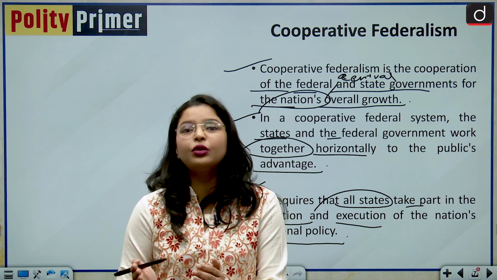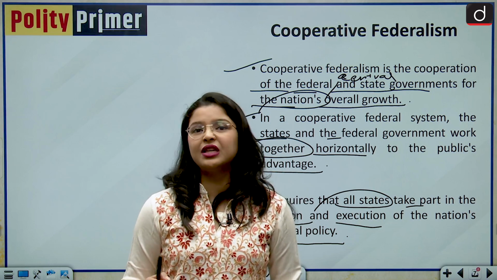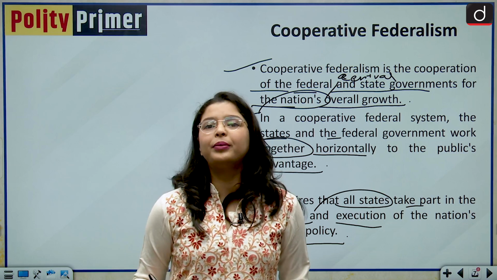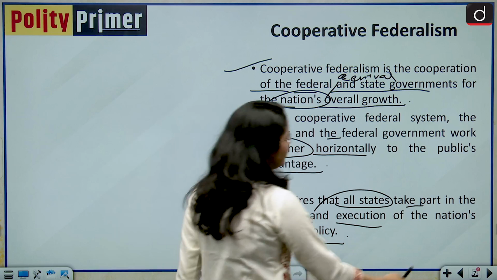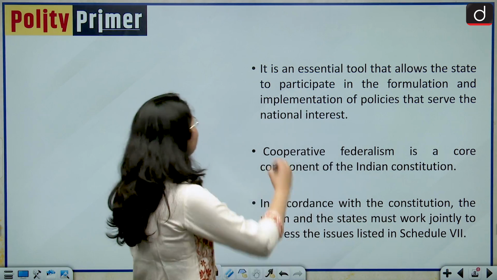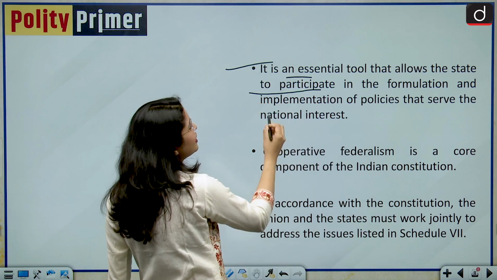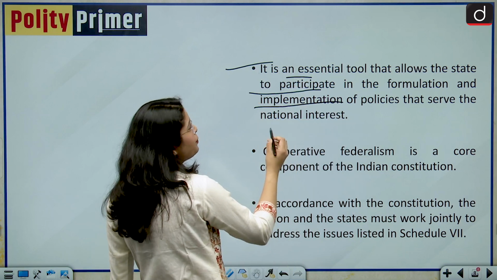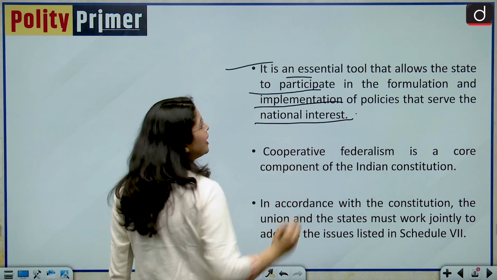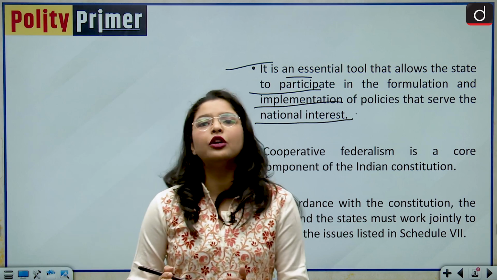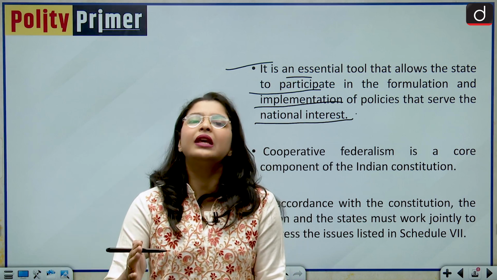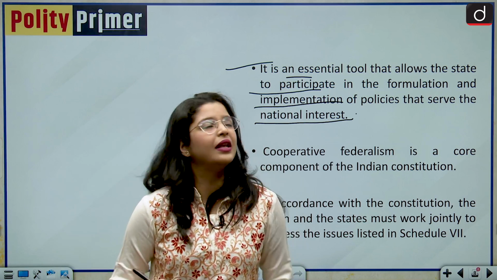They work together in cooperation with each other, and hence the word cooperative federalism. Moving forward, it is an essential tool that allows the state to participate in the formulation and implementation of policies that serve the national interest. So, any kind of national policy is being implemented by the states as well.